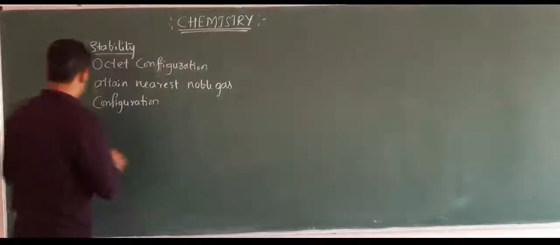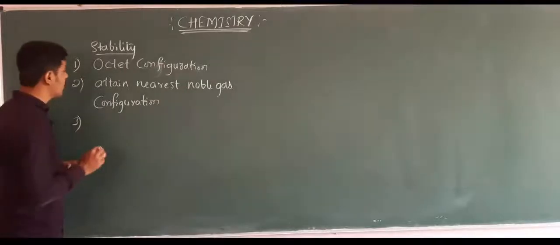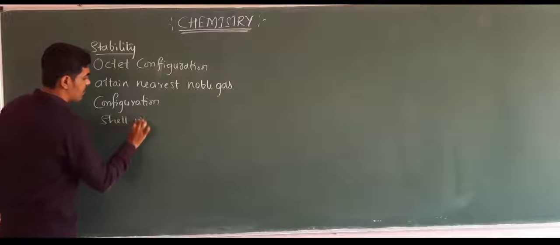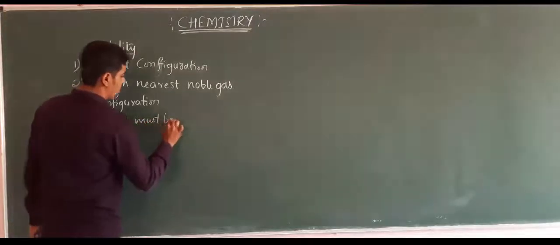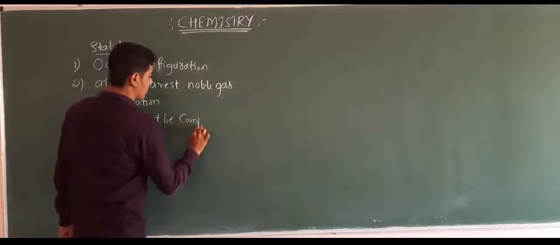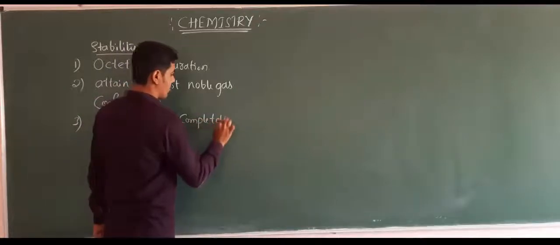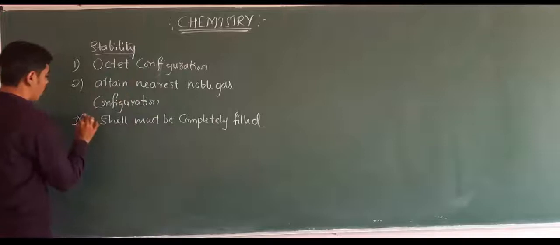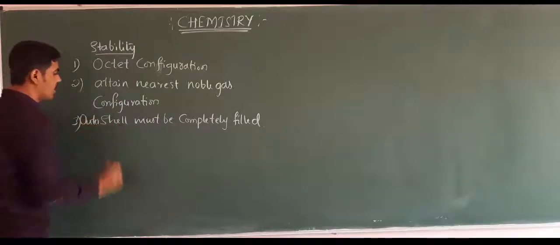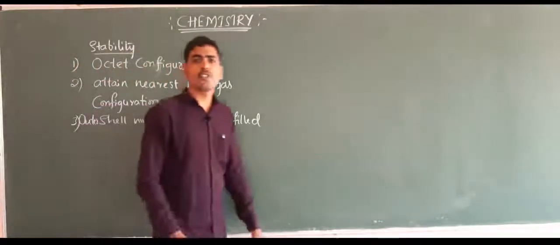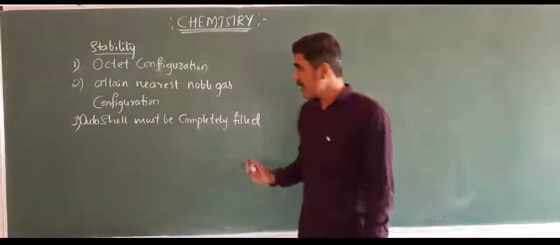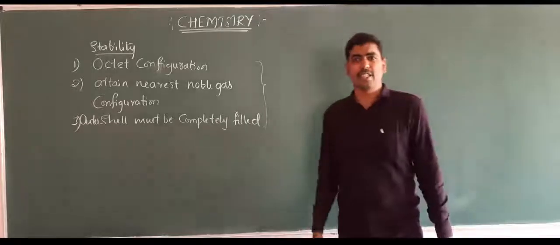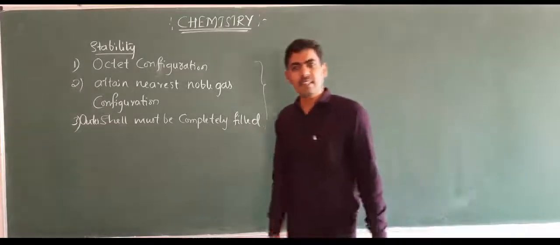Another one, a third one, is that the shell must be completely filled. Which shell? Outer shell. The outermost shell should be completely filled. If an atom obeys any one of these conditions, then it will attain stability.